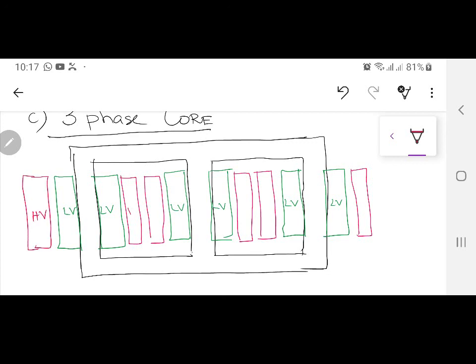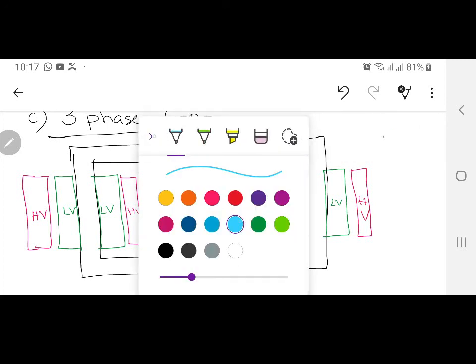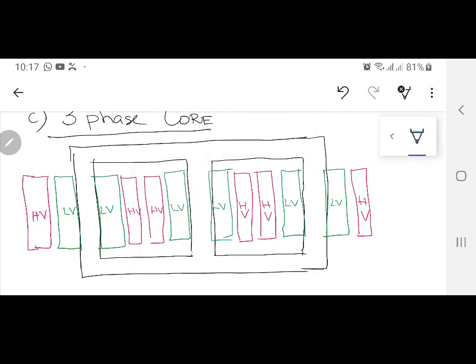So this is my high voltage winding. Now question here, what is the window area? Window area is just this half of the window area.